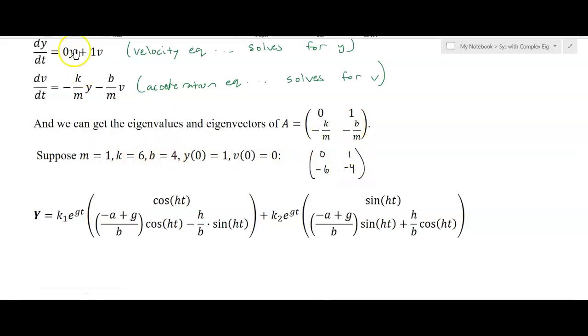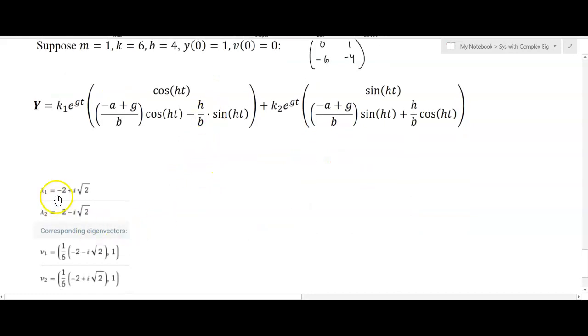When we compute the eigenvalues and eigenvectors of that, we get negative 2 plus i times the square root of 2, negative 2 minus i times the square root of 2, and then the corresponding eigenvectors, which we don't really need because that's already built into the solution. So I'm going to just take a moment to identify everything. A, B, C, and D come from my original coefficient matrix.